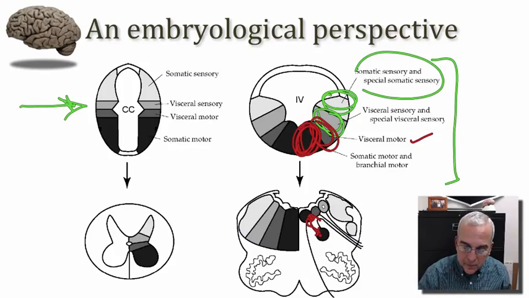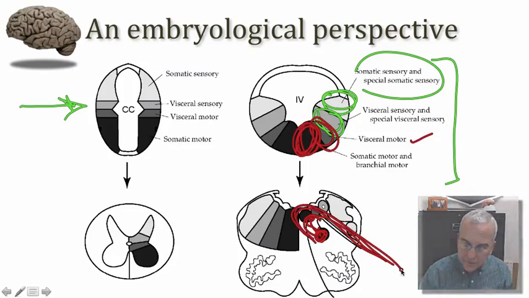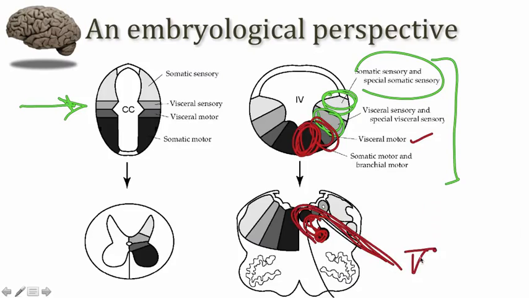So consequently, we have motor neurons, such as those that supply the muscles of facial expression, that sit in this intermediate position and grow axons that loop around in this fashion. And in this case, what I'm describing for you is the facial motor nucleus and the facial nerve.